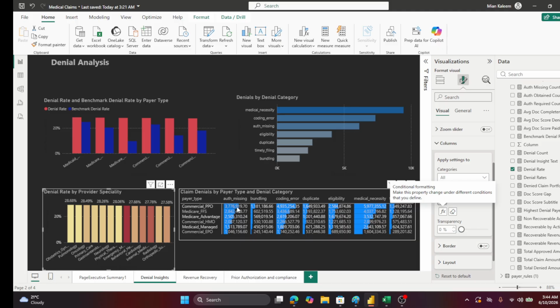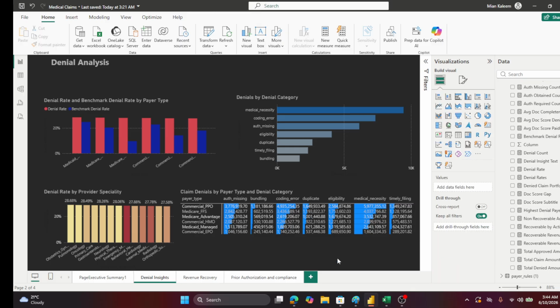Authorization missing is the highest. Bundling, and then coding error is the highest. Medical necessity also has a lot of claims, and so on. And the same with the others, and we can see how these claims are distributed by different payer types.